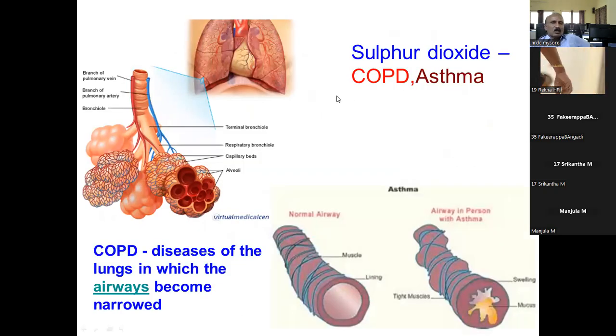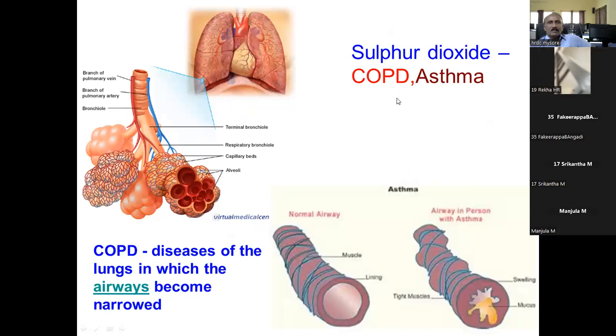Now, another most commonly prevailing disease is asthma, which is medically called chronic obstructive pulmonary disease, COPD. Chronic means it prevails for a long period of time. Obstructive means it is going to obstruct the flow of the air in the bronchi.